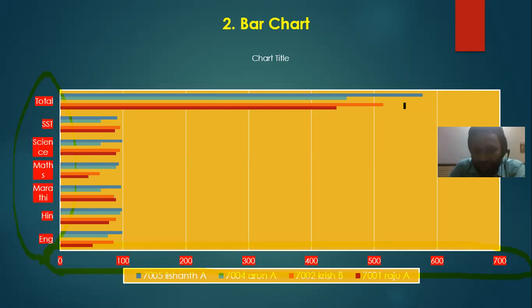And if you focus on the data series, the data series displays horizontally. It is completely the opposite of the column chart.